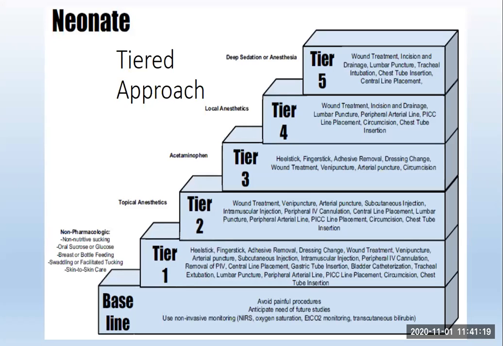So in this condition, we can use paracetamol. Local anesthetics means giving injectable lignocaine around the procedure area, like lumbar puncture or peripheral arterial line insertion or circumcision, providing nerve block, or chest tube insertion. These are tier 4 procedures in which local anesthetics will help controlling the pain.